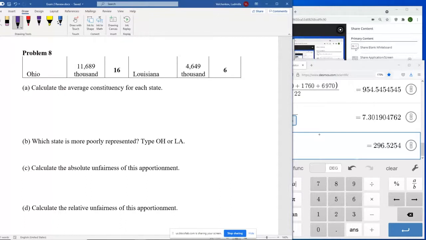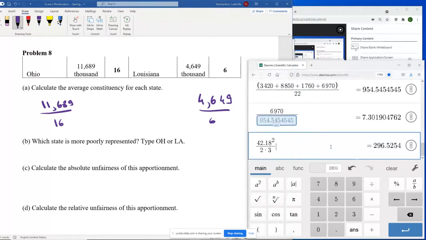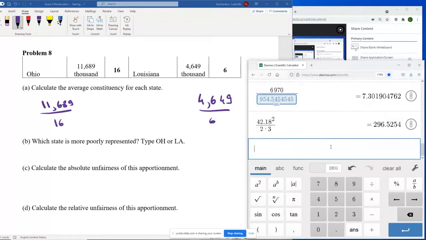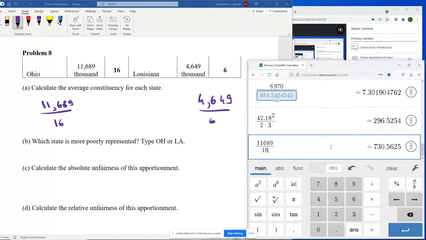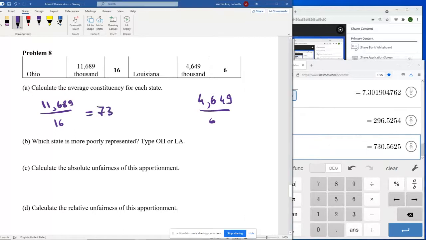Okay, average constituency is the population divided by the number of representatives. For Louisiana, population divided by the number of representatives: 11,689 divided by 16 is 730.56.